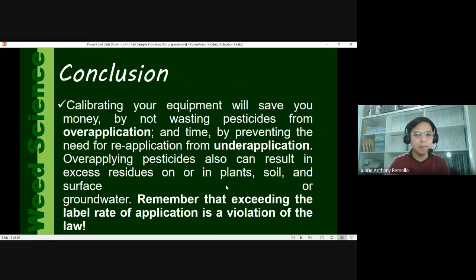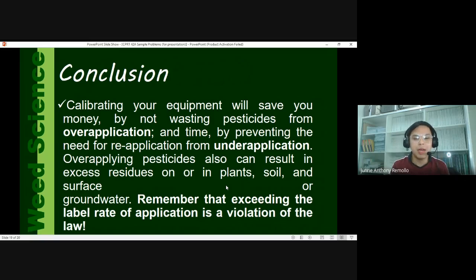In conclusion, calibrating your equipment will save you money by not wasting pesticides from over-application and time by preventing the need for reapplication from under-application. And over-applying pesticides also can result in excess residues in plants, soil, and surface or groundwater.